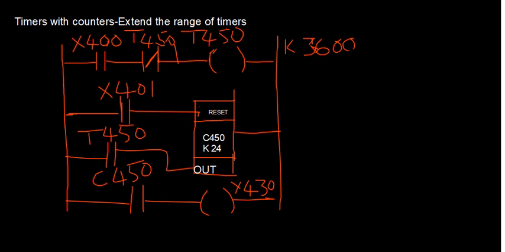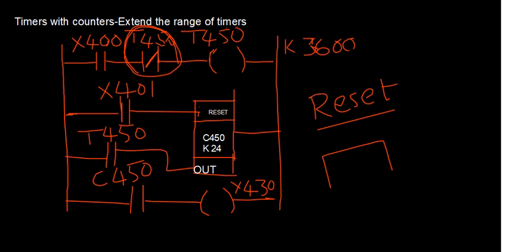switch, which is a normally closed switch, will take care of resetting the timer as well as reinitiating the timer. That means once you have a 1 hour delay, upon the increment of the counter, this timer resets and it will start counting again.